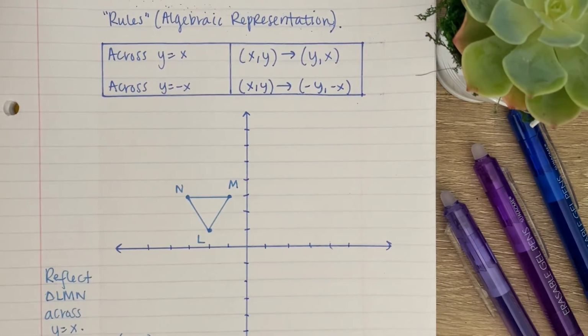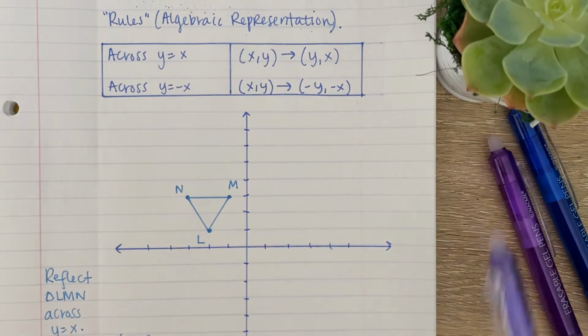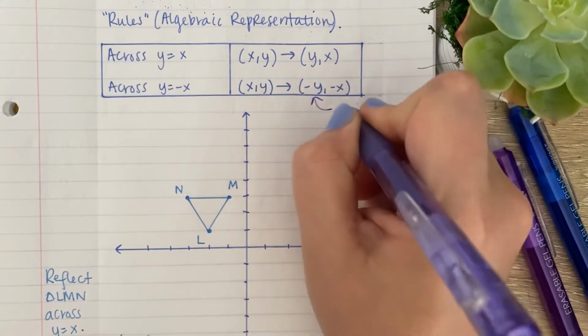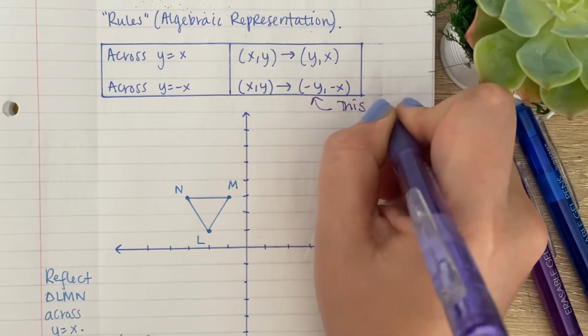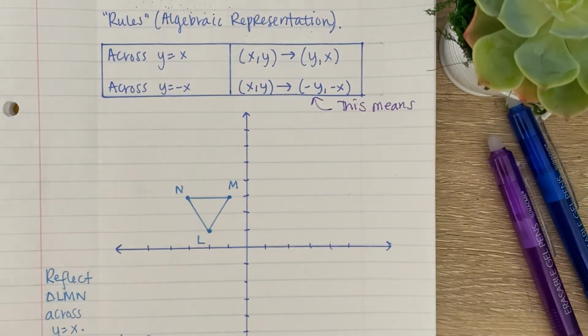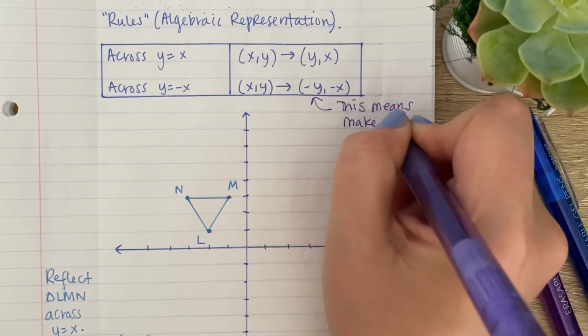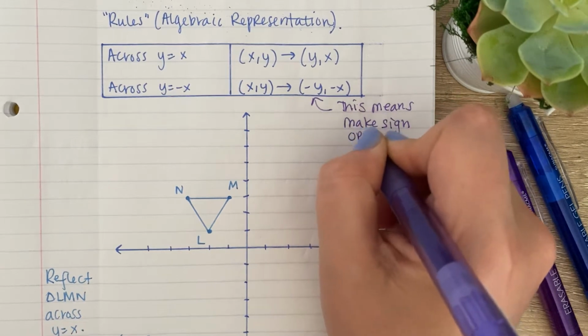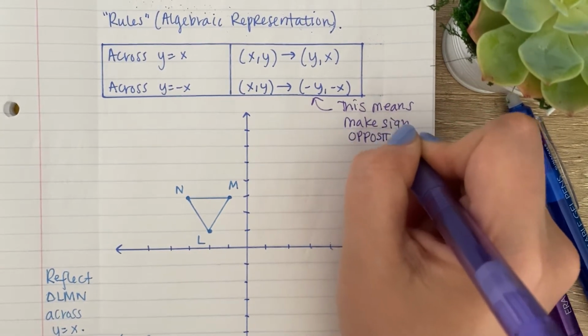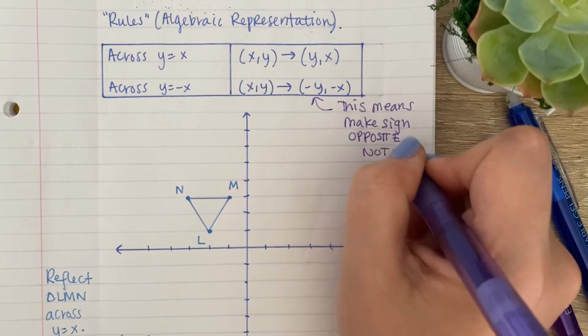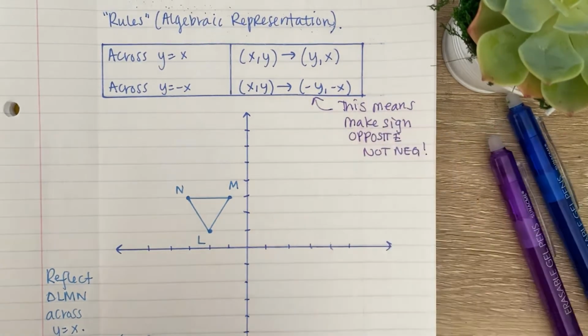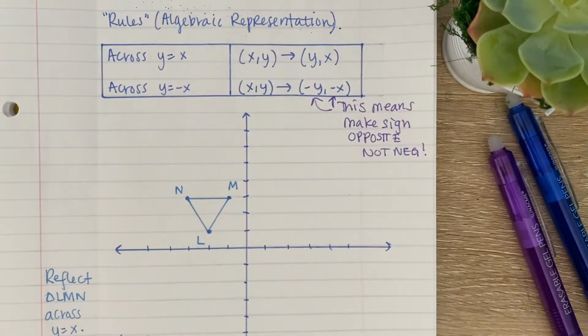So go ahead and draw that down. And I'm actually going to write a little note right here that this means make sign opposite. Oops, opposite, not negative. Okay, so that's what that means, and this one too, okay?